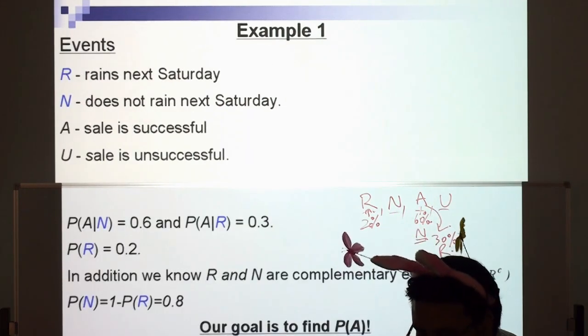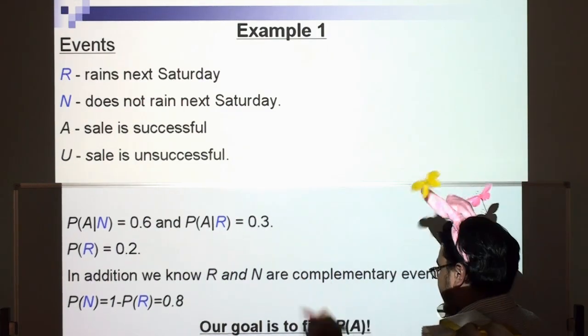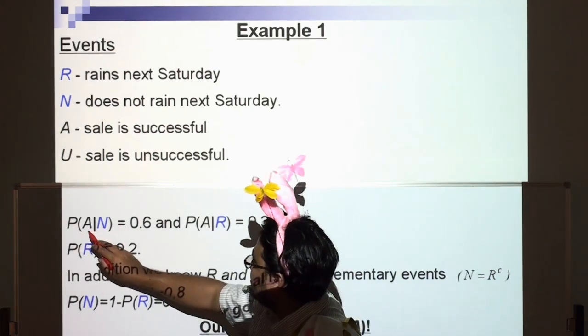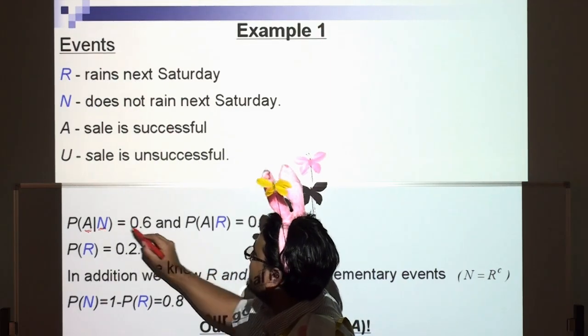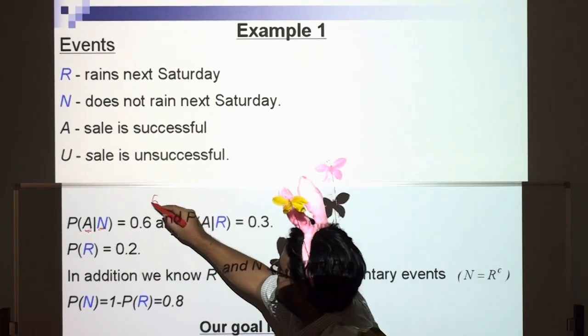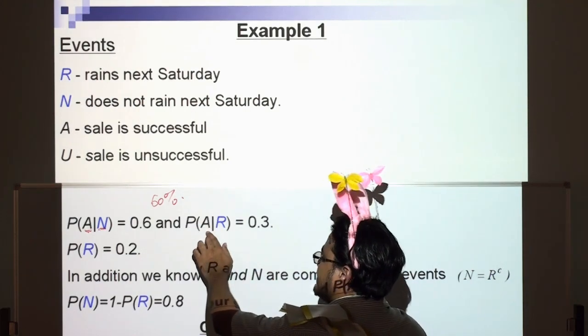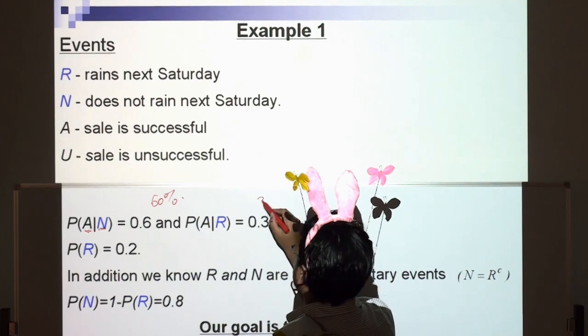More on this shortly. So, looking at that, we're going to explain it again here with a Venn diagram. The probability of a successful sale, given that it does not rain, equals 0.6, 60%. And the probability of success if it rains is 30%.